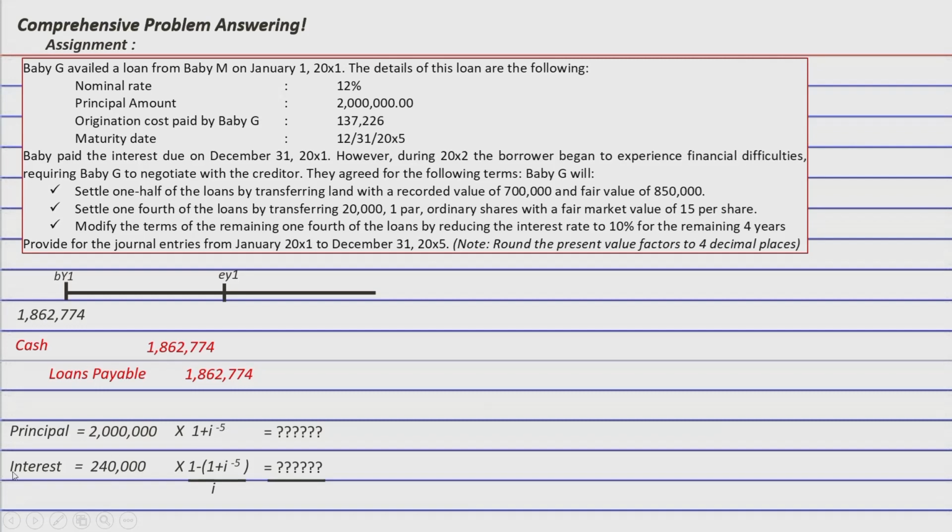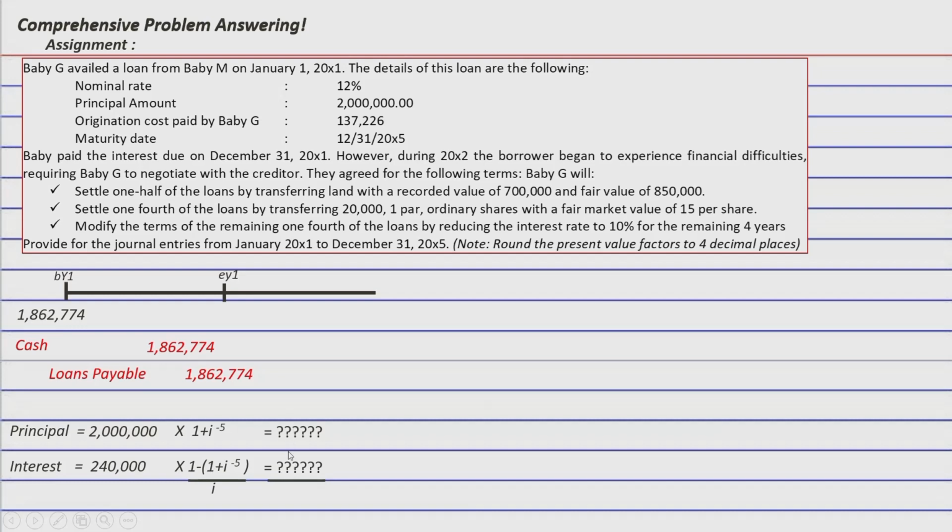And aside from principal, you are also to pay interest of 2 million times 12% or 240,000 every year for the next 5 years. So, we will need to use 1 minus 1 plus i raised to the power of -5, divided by i, to get the present value for interest payments.